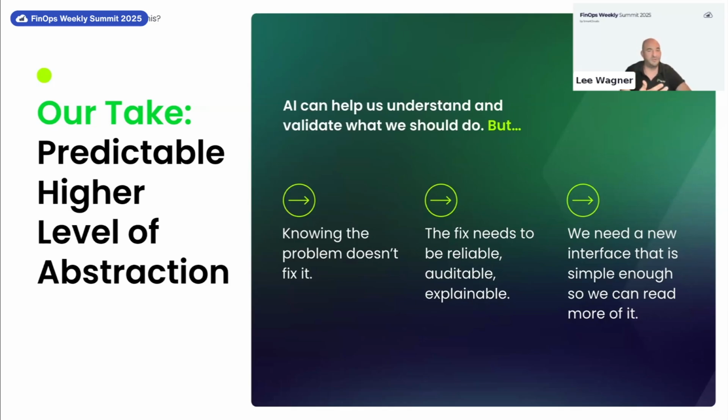You need to be able to see it to be able to try and fix it, but actually knowing the problem doesn't fix it. Taking it into the phases of the fix itself needs to be reliable, auditable, and explainable, and potentially we need a new kind of interface, which is also simple enough for humans to understand, that enables us to use it. And then we also need to identify the problems safely in order to fix them.